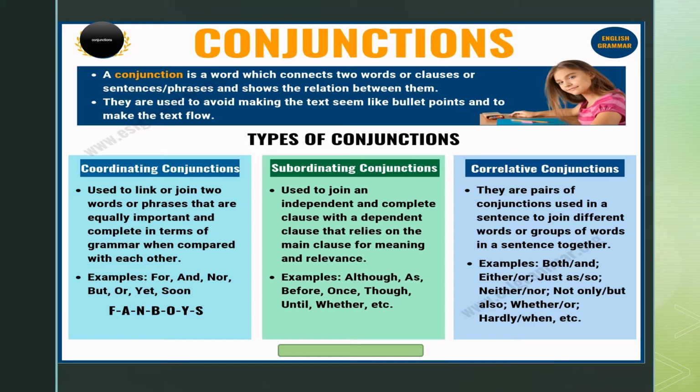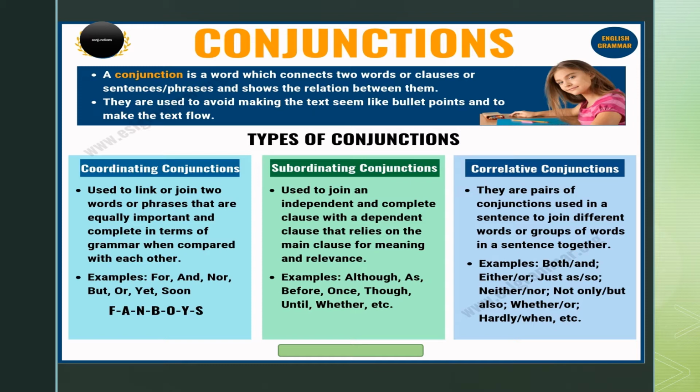For example, although, as, before, once, though, until, whether, etc. So subordinating conjunctions are those conjunctions that are joining clauses, phrases, or words of unequal importance. Means one sentence is dependent on the other in order to be connected by the subordinating conjunctions.